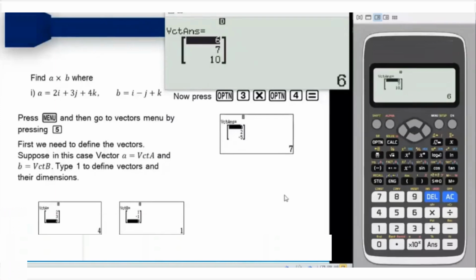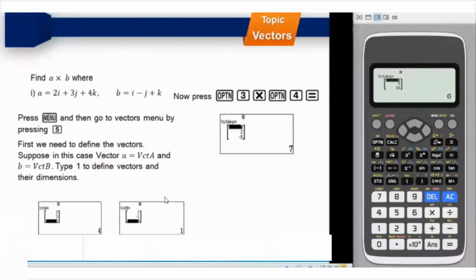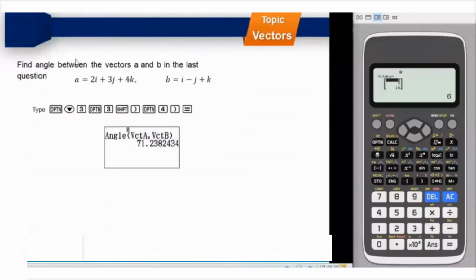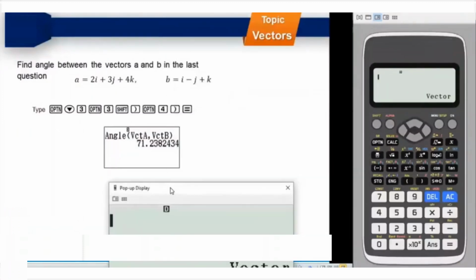So the leading question to this is to find the angle between the vectors. I have used the same example for the angle between the vectors. I have already defined the vectors A and B, where A is 2i plus 3j plus 4k, and B is i minus j plus k.